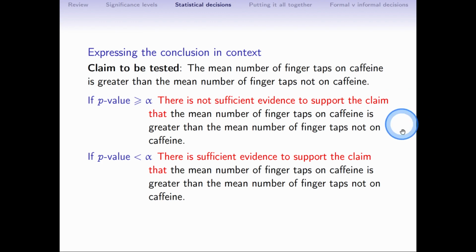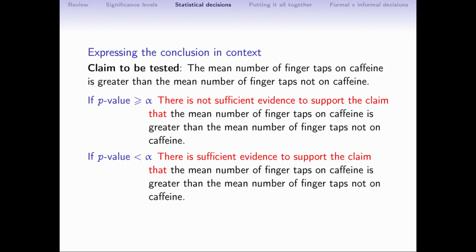So that's how we would articulate our conclusion in context in the case that the p-value is greater than or equal to alpha. On the other hand, if the p-value is less than alpha, we are now going to lend our support to the alternative hypothesis, and we will reject the null hypothesis. So in this case, we'll say there is sufficient evidence to support the claim that the mean number of finger taps on caffeine is greater than the mean number of finger taps not on caffeine.